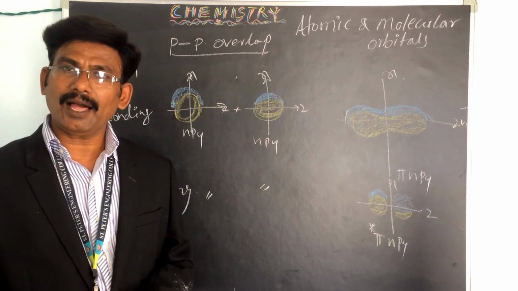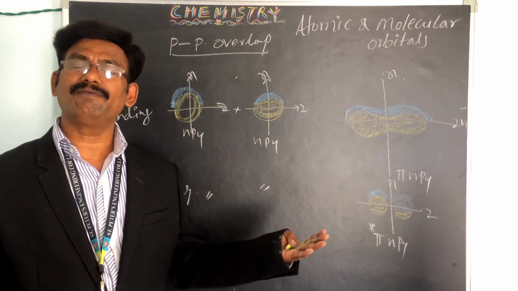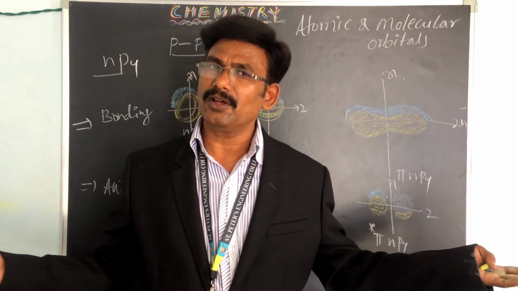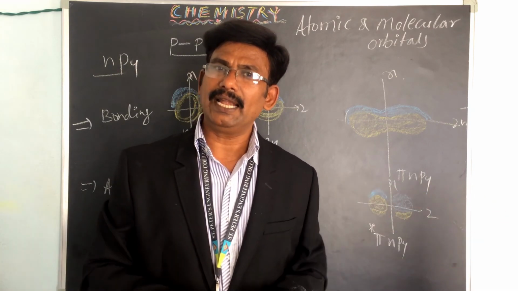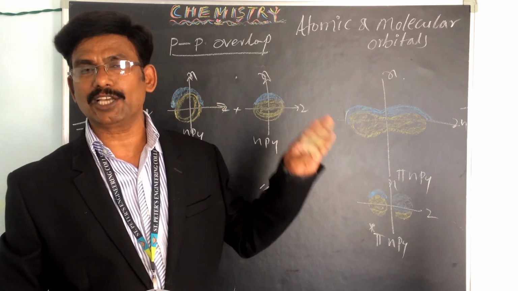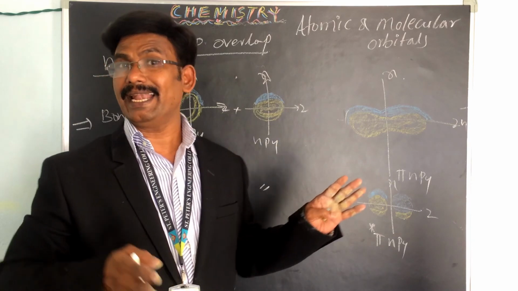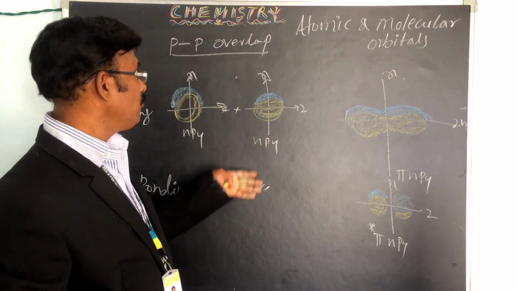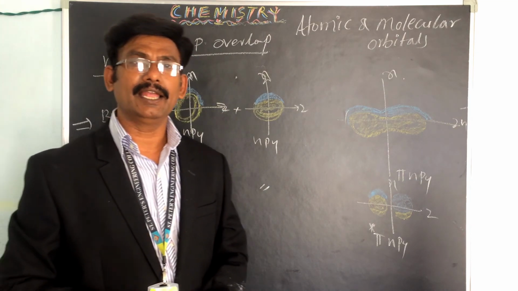Okay? Orbital. What is meant by orbital? Where the probability of finding an electron is the orbital. They are the atomic orbitals and molecular orbitals. So we know the differences. In bonding and anti-bonding, the atomic orbitals are s orbital, p orbital, d orbital. The molecular orbitals, especially in PP overlap, we have seen NPX, NPY and NPZ.